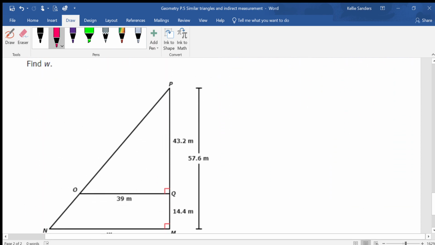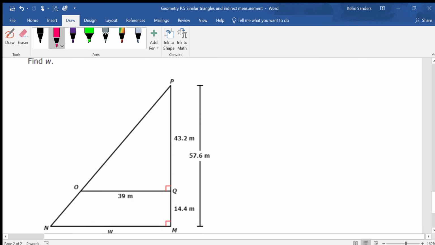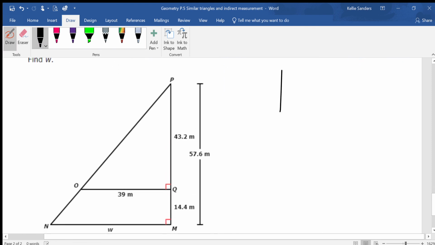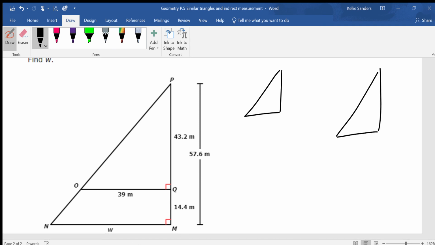Last one. We know this is 39. We know this is 43.2. So I want to know this one, and I don't know it, so it's W. I need to know this one because this is going to be right there.